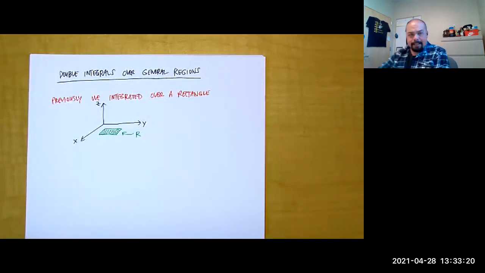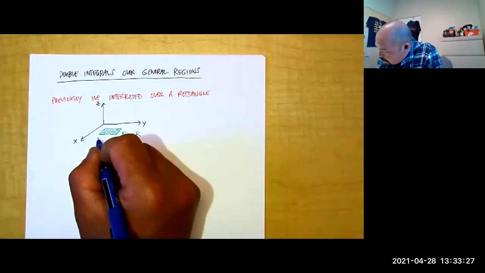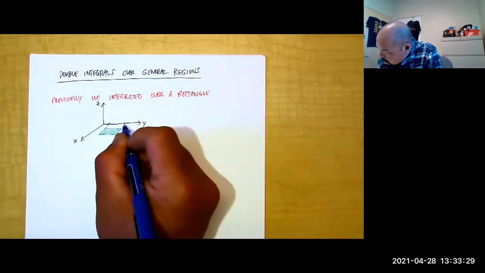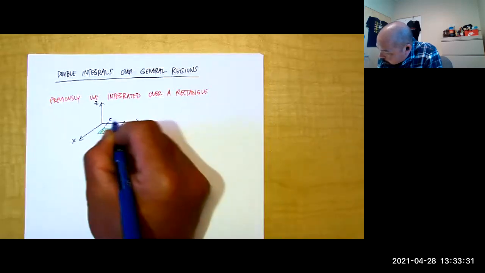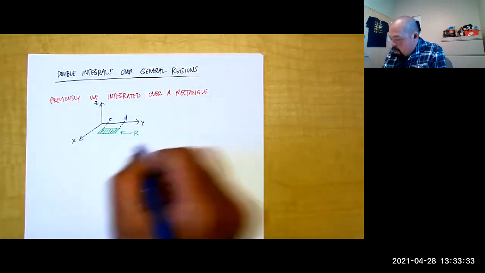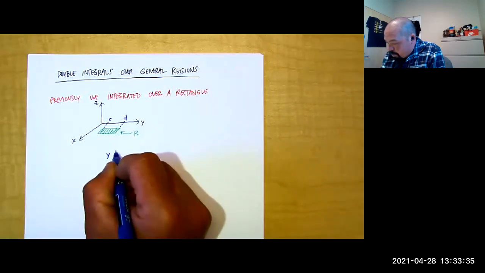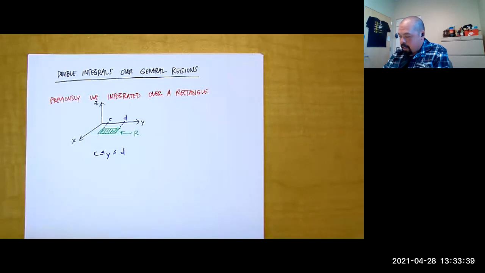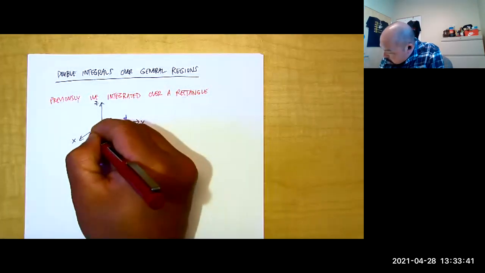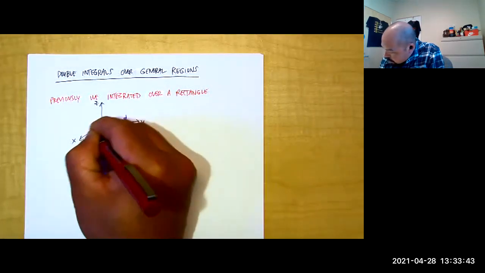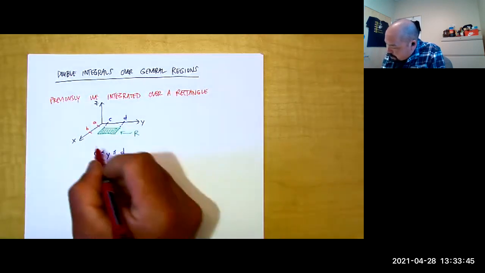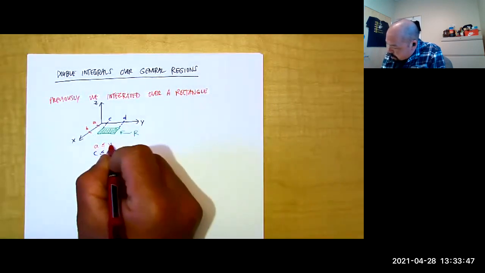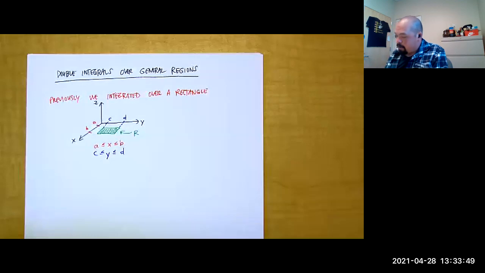So we did D last time, for that domain region. The y variable goes from c to d, and the x variable goes from a to b.